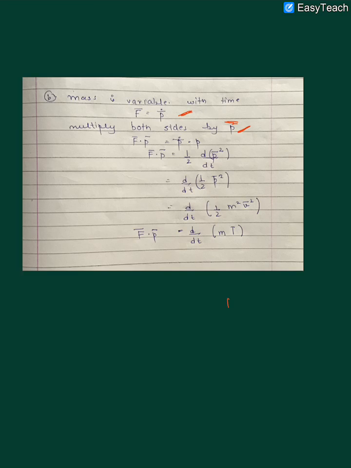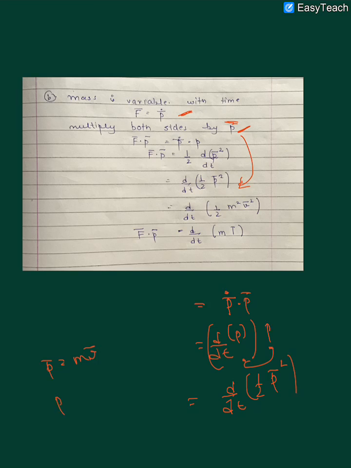And p dot p, this is nothing but d by dt of p, and if I take this momentum vector inside the derivative, it will be nothing but d by dt of half p square. So that's how we reach this equation.